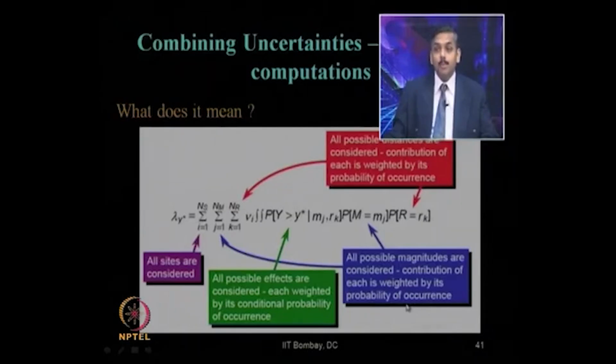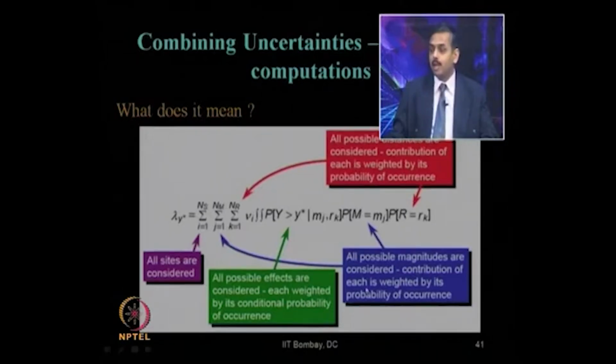We are taking all magnitudes between the threshold value of magnitude and the maximum value of magnitude, as we discussed through the Gutenberg-Richter equation, that the probability distribution function of m should be within m naught and m max. So, all the magnitudes with their weighting factor. Why does the weighting factor come into the picture? Because depending on the number of occurrences, of course, it will come into the picture. So, that is taken care of in this term.